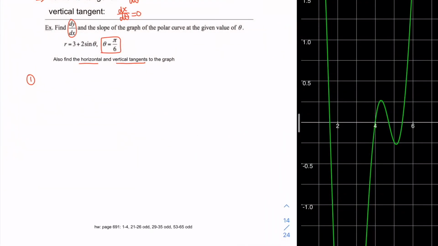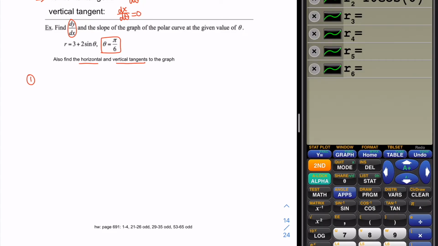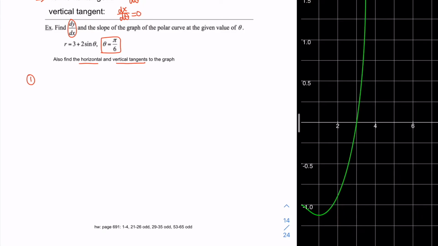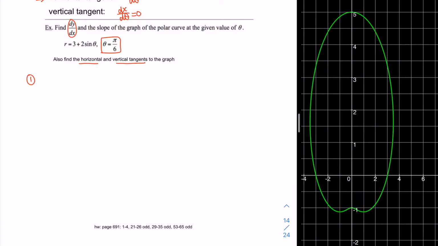First you click mode, change it to polar, and graph it. So this is the graph. When theta equals 0, start from here, and when theta equals 2 pi, it will come back to this point. When you set up the window for theta, you can change it to theta from 0 to 2 pi.